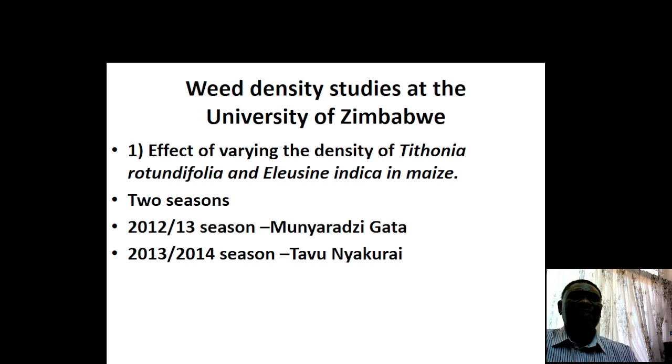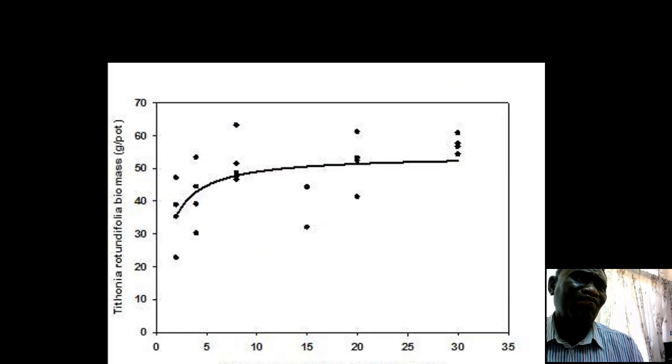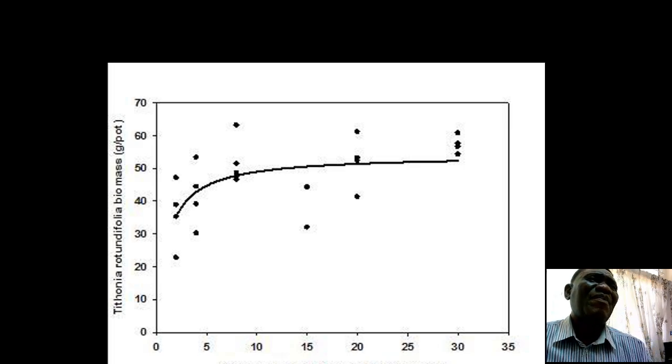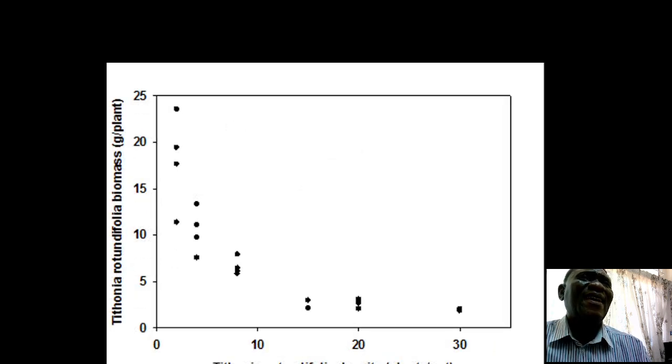First season, Munyaradzi Gata did an experiment which was repeated by Tavu Nyakurai in the second season. So this is what they were getting. If you increase density, you get that curve.